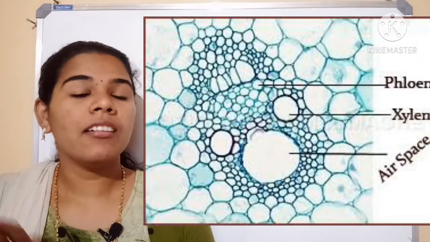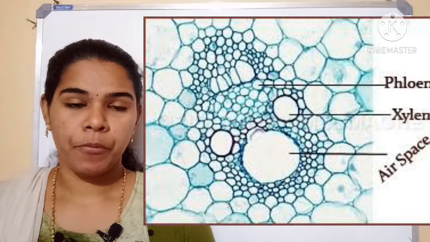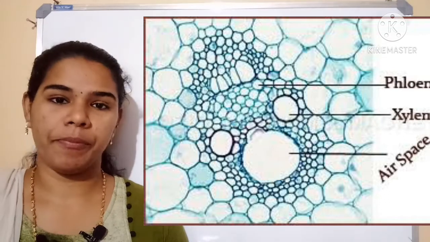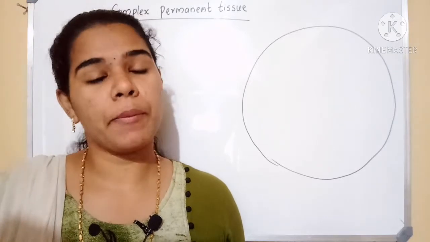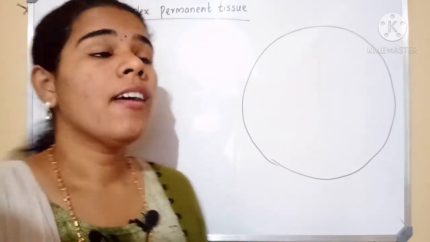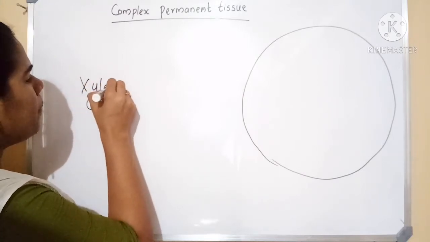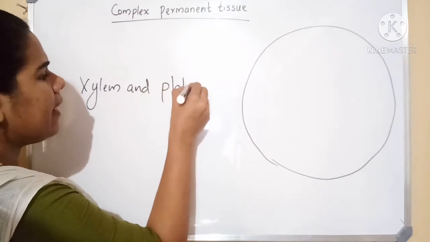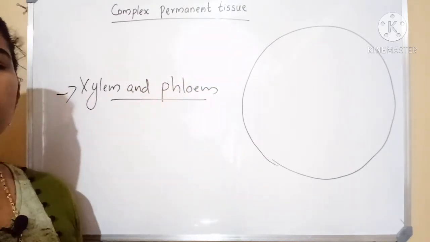These are the complex permanent tissues. Today we discuss complex permanent tissue. We know the complex permanent tissues are xylem and phloem.